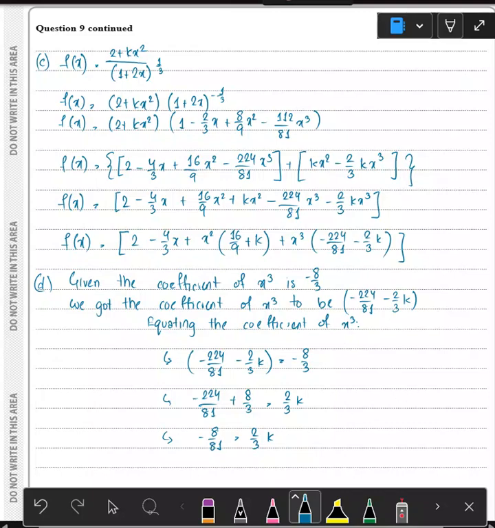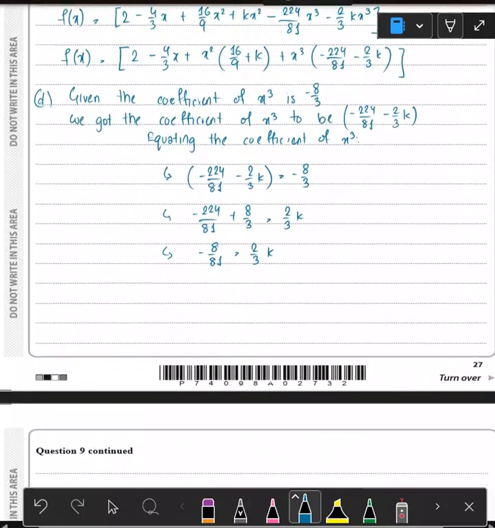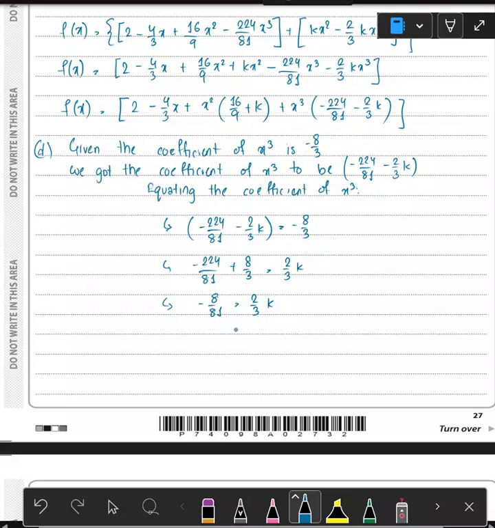Now we could just cross multiply this. Cross multiply means, or you can just say multiply both sides with 3 by 2k. So if I multiply both sides with 3 by 2k, then this would be 8 by 81 multiplied by 3 by 2 and 2 by 3k multiplied by 3 by 2.